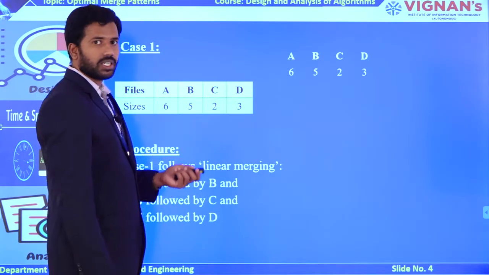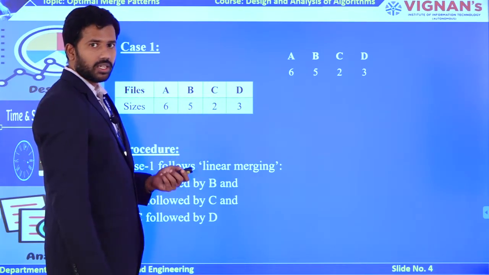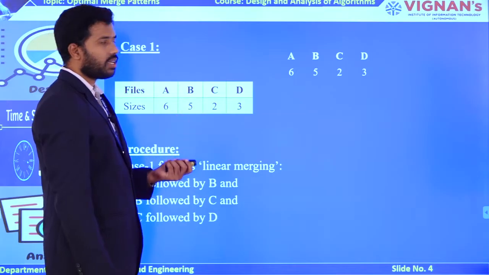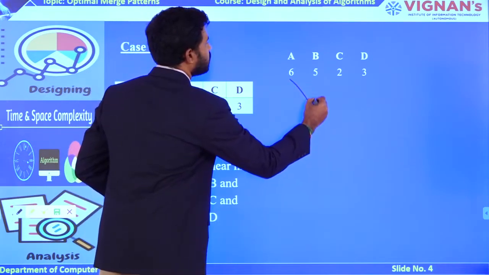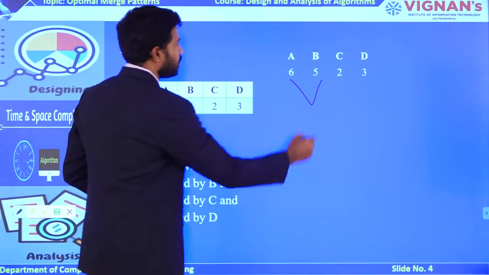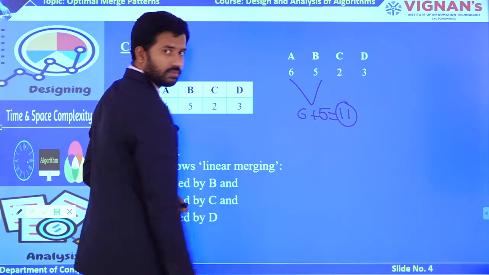Initially I am merging A and B. What is the size of A? 6. What is the size of B? 5. If you merge these two, you get a merged file of size 6 plus 5, which is 11.